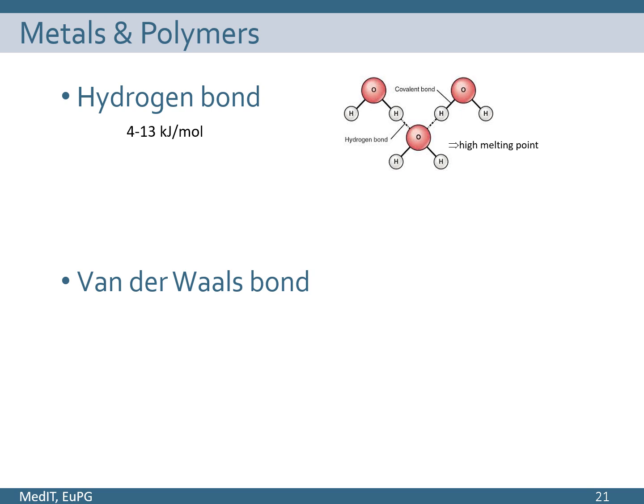There is more of it around oxygen than around hydrogen. Okay? So the electrons spend more time near the oxygen than they do near the hydrogen. Oxygen, as a consequence, acquires a slight negative charge, and hydrogen a slight positive charge.